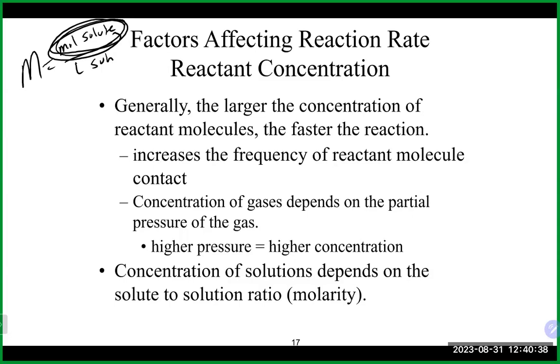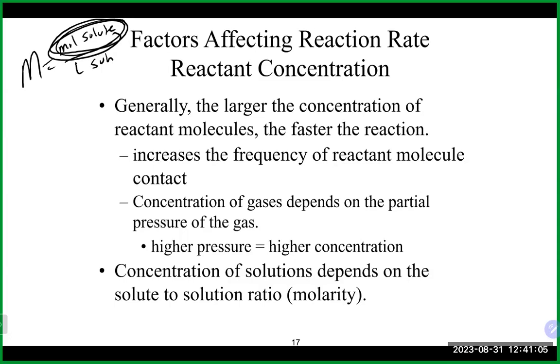Concentration of gases depends on the partial pressures of the gas. Higher pressures usually result in a higher concentration of the gases. And when you have a high pressure, what does that mean in terms of volume? Do you have a high or a low volume? Yeah, you do have a small volume, right, when you have a high pressure.